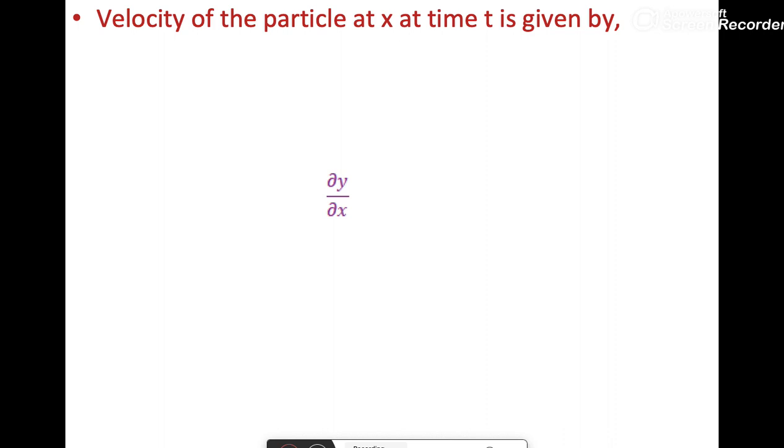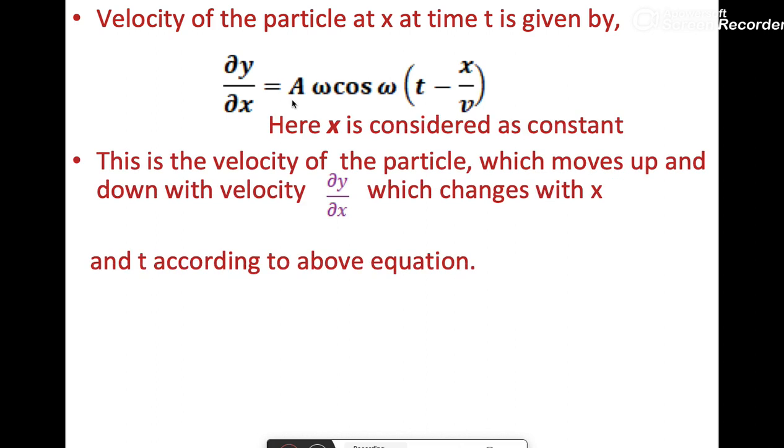Now let's think about the velocity of the particle at x at time t. It would be given by del y by del t. How do we get it? By taking the derivative of the wave equation, where x is considered to be constant. Therefore, del y by del t is equal to a omega cos omega t minus x upon v.